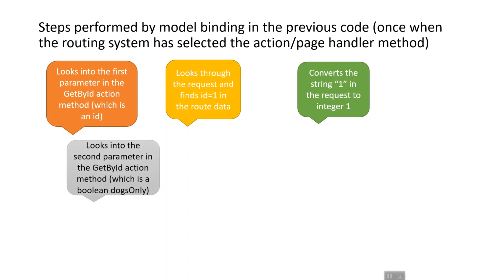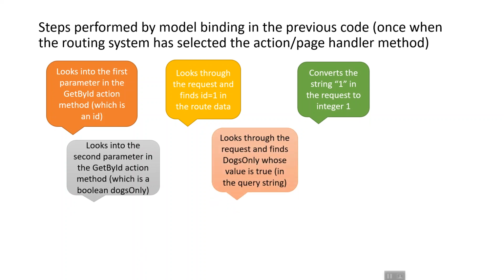It then looks at the second parameter in the GetById action method, which is a boolean dogsOnly, and it looks through the request and finds a term dogsOnly whose value is true.